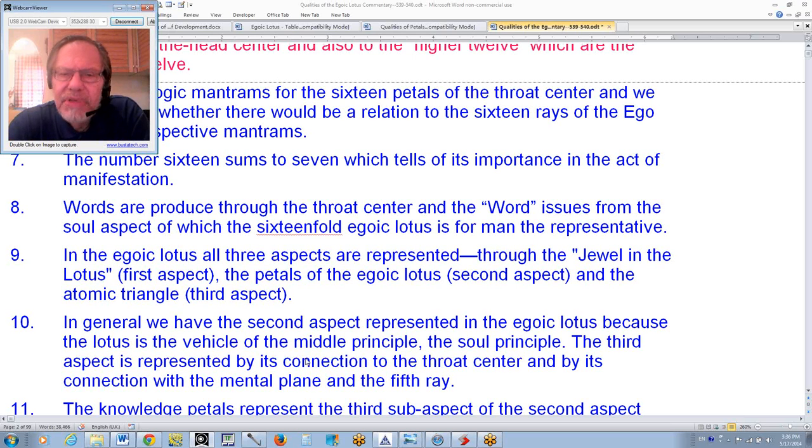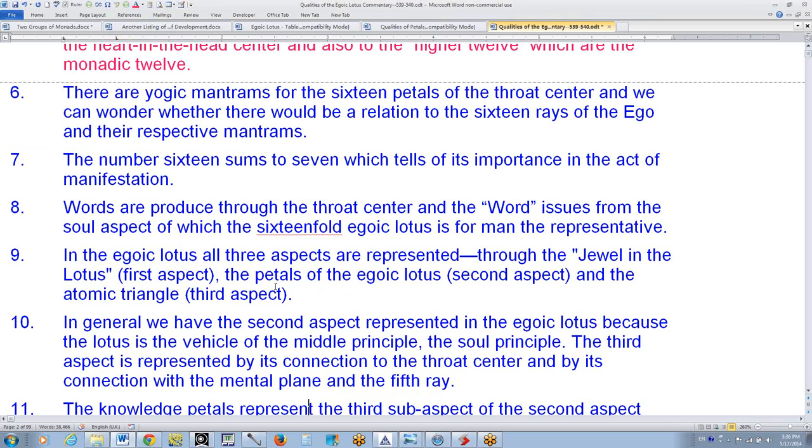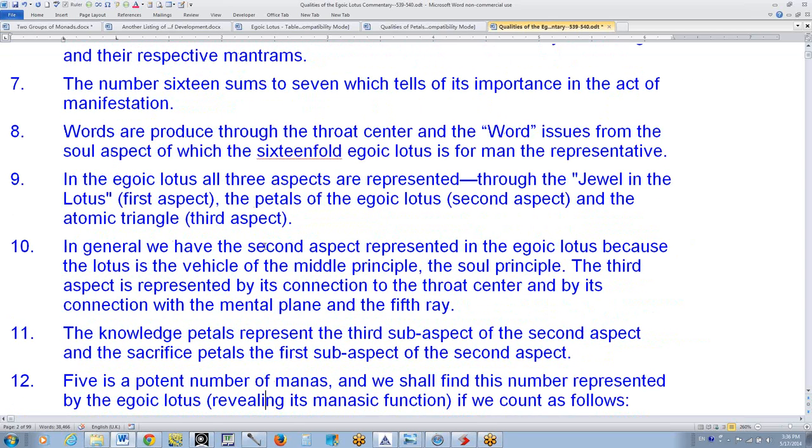But in general, we have the second aspect represented in the Egoic Lotus because the lotus is the vehicle for the middle principle, the soul principle, the consciousness aspect. The third aspect is represented by its connection to the throat center and by its connection to the mental plane and the 5th ray, the third aspect within the Egoic Lotus.